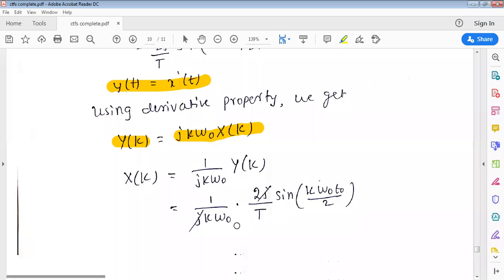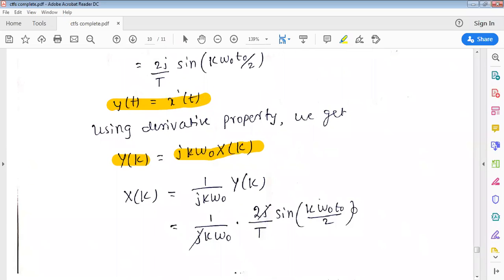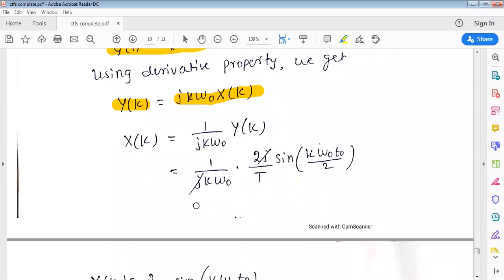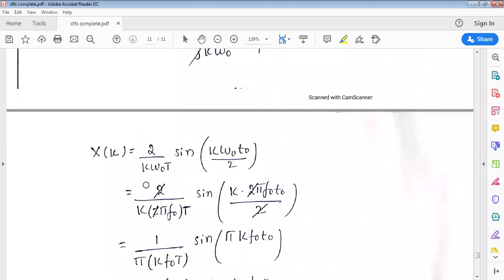So 1 by jk omega naught, and y of k is 2j by t sine of k omega naught t naught by 2. The j will get cancelled. I have 2 by k omega naught t into sine of k omega naught t naught by 2. Expanding omega naught as 2 pi f naught, the 2 will get cancelled here also.